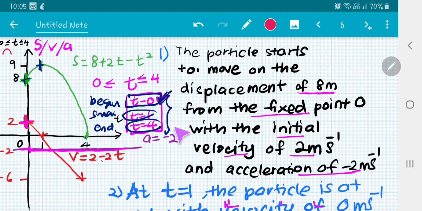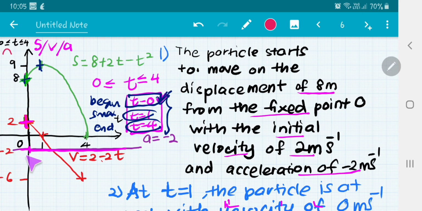Take 3t, that's enough when we explain and interpret. So at the start, what happens to its displacement, what is its acceleration, what is its initial velocity. So we can see it starts to move on the displacement of 8 meter from fixed point O. Its initial velocity is 2 meter per second, and its acceleration is negative 2 meter per second.